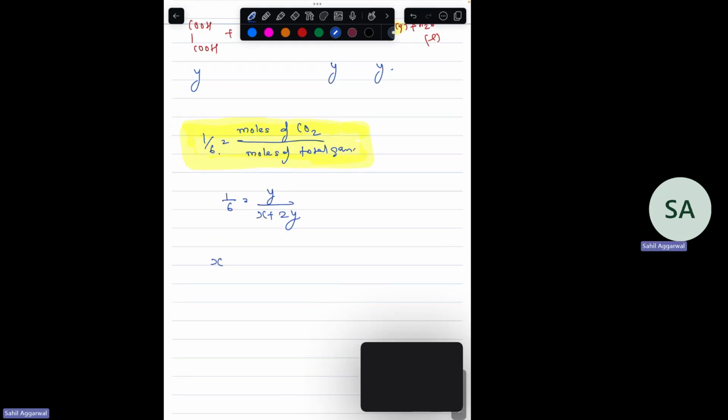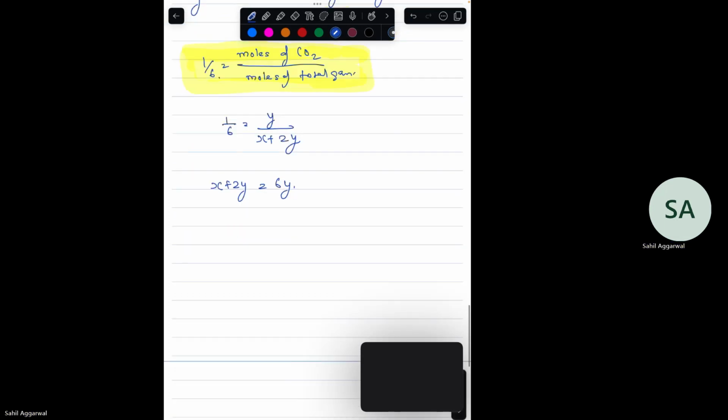To solve this, x plus 2y is equal to 6y. That means x equals 6y minus 2y, that is 4y. So x by y is equal to 4. So x is to y is equal to 4 is to 1. And C would be the answer.